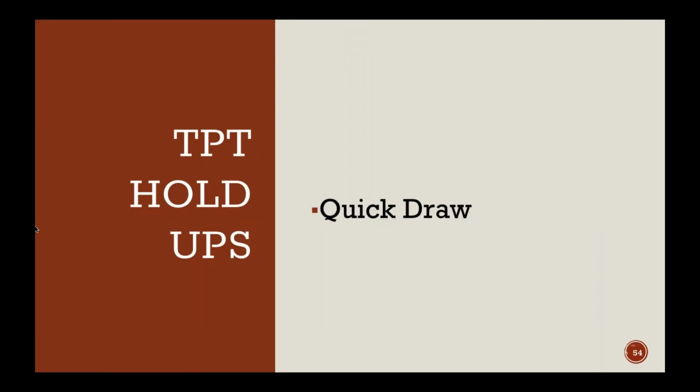So those are some of the ones that you can have prepared in advance in order to ascertain a student's knowledge. Another type of holdup would be a quick draw. This would combine the chalkboard splash with the holdup and have students do a quick draw about what they learned. That again hits on the student that would prefer to draw or illustrate their response rather than provide a specific answer.